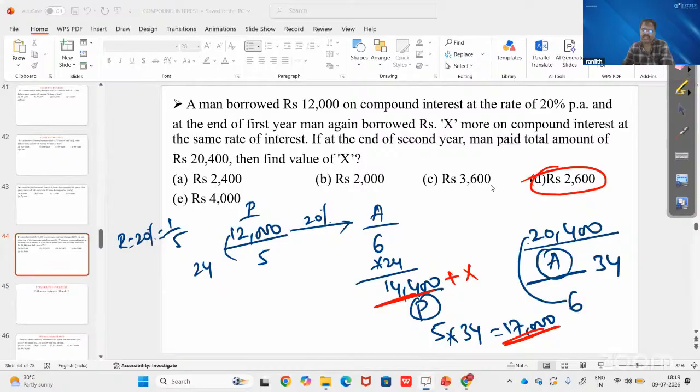After the second year the amount we are getting is 20,400, where principal is 5 parts, amount equal to 6 parts. In 6 parts 20,400 we get 34 times, so 5 into 34 is 17,000. Initially we are having 14,400 and we are getting 17,000. Whatever difference we have will be the X amount. So the difference amount equal to 2,600.